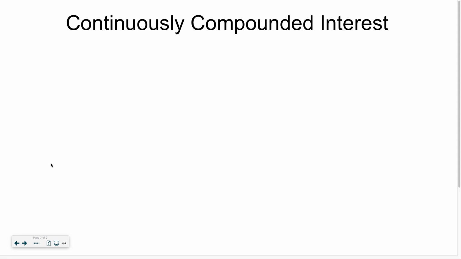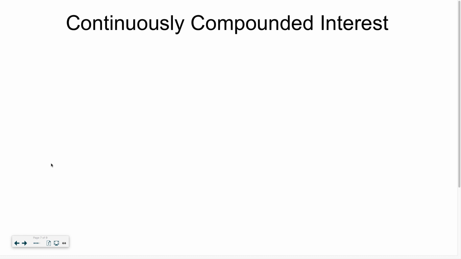Okay, we've got to talk about continuously compounded interest. So remember yesterday I gave you this compound interest formula, and I would say your interest is compounded monthly, daily, quarterly. So you could say it's 12, and it's 365, and it's 4.